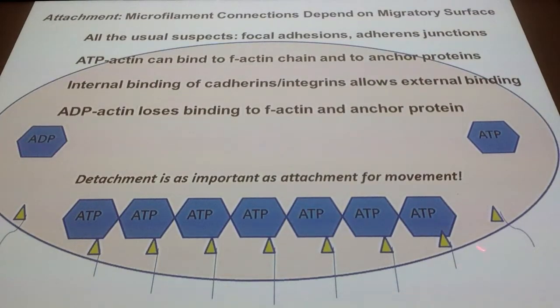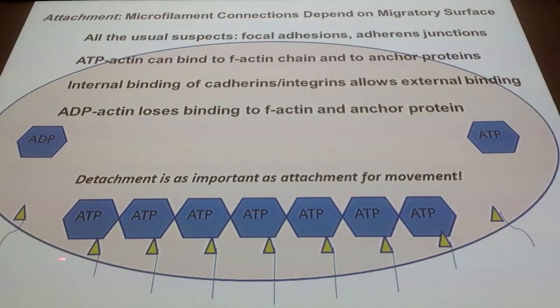So here's the deal: here's the integrin right here, and as a new ATP-bound G-actin is added, integrin will also continue to anchor onto the growing microfilament to ensure that the cell continues to be anchored onto the extracellular matrix.